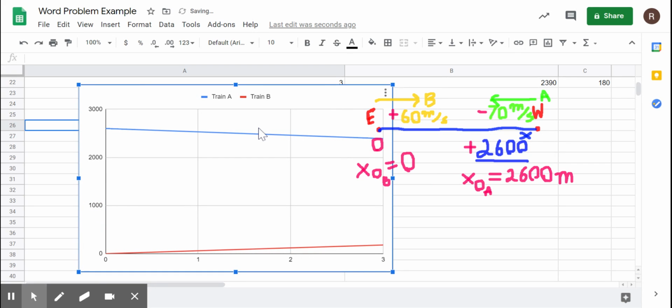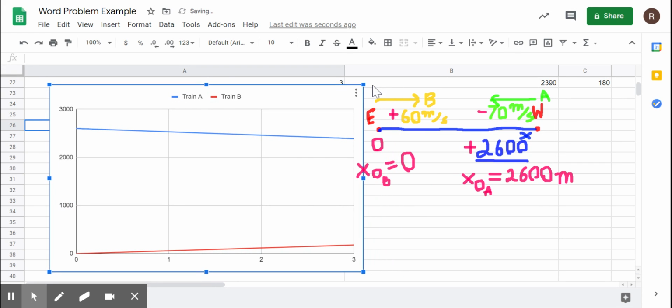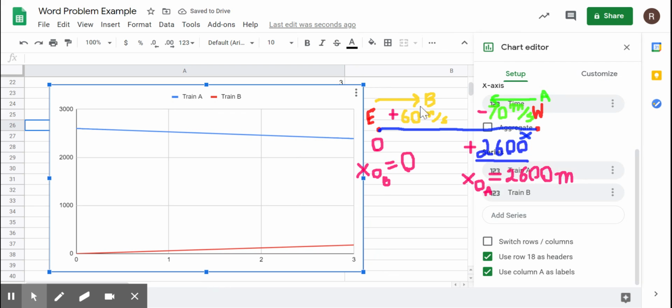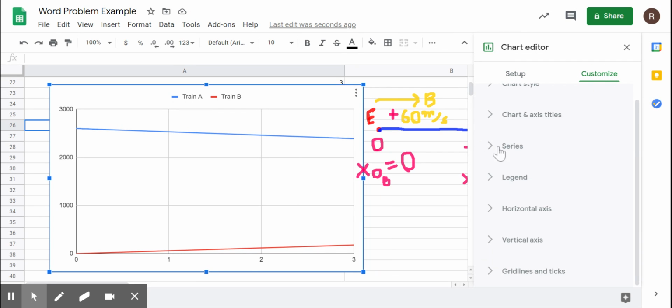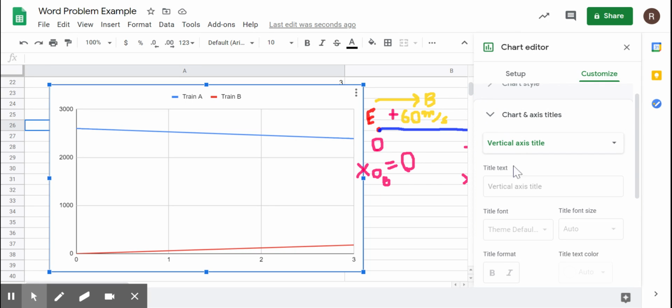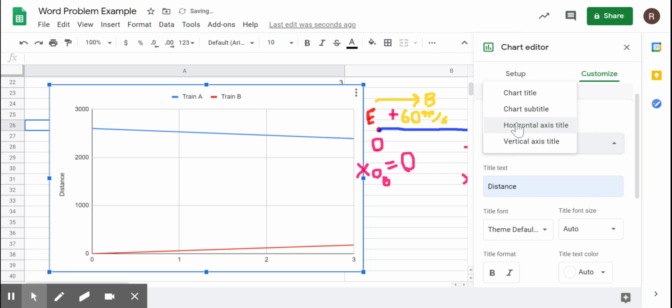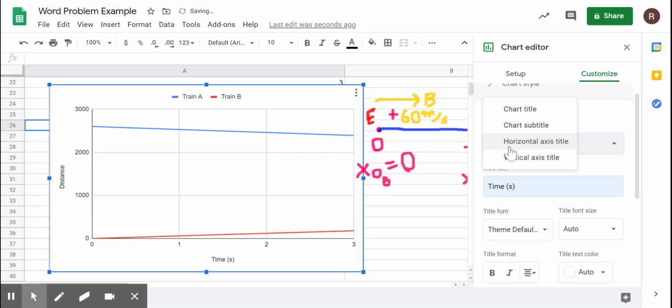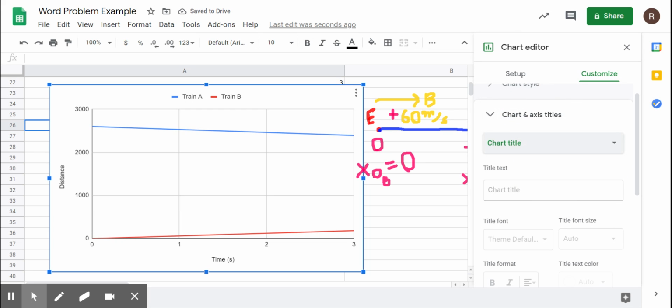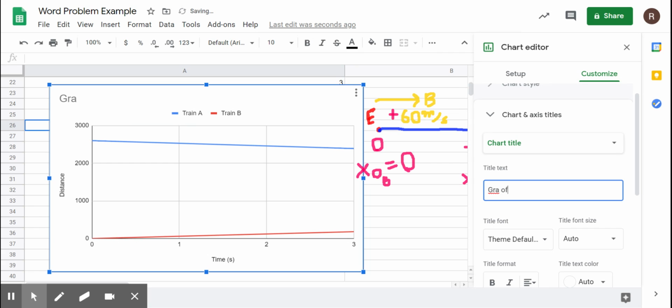Okay, I still have my drawing here, but I think I... Okay, and I'm going to set this up according to talks. Chart and axis titles, so vertical axis title, distance. Oh, it still remembers, thank you. It's going to be time. Chart title. It's going to be graph of 2 trains.